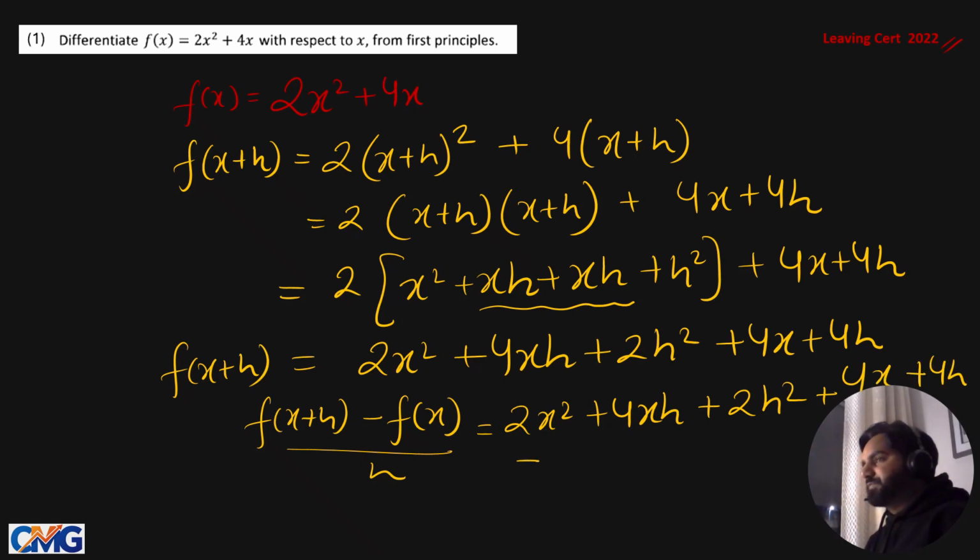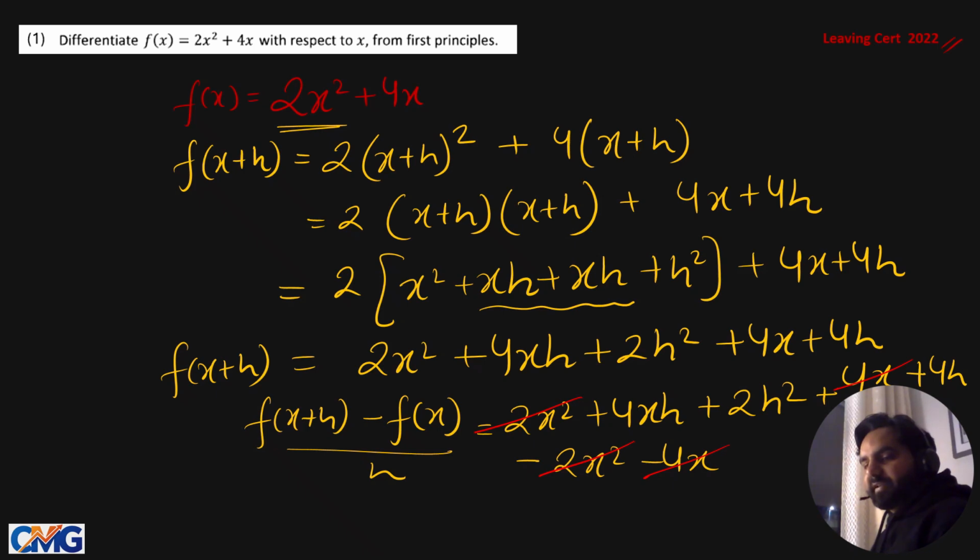Take away this, which is 2x square minus 2x square minus 4x. Sorry, this one is, let me erase this. This is 4x. Okay, so always remember, in using the first principle method, the f of x will always cancel out. So this is cancelling out with this, and this is cancelling out with this.